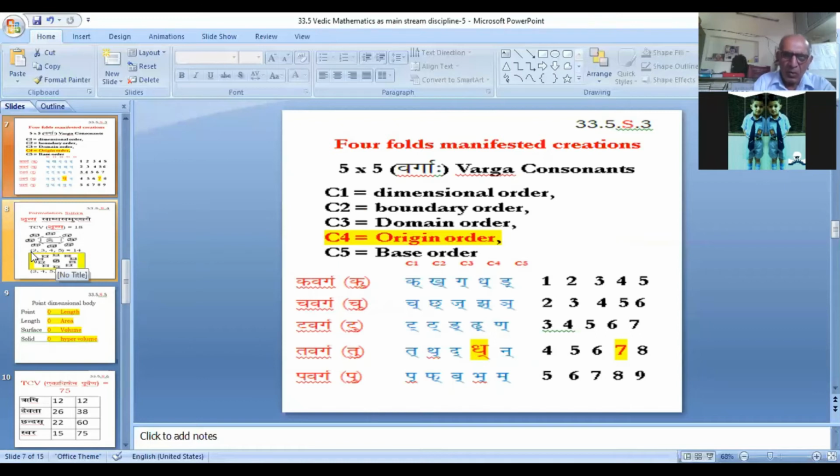How the fourth letter in the fourth column as such is of an origin fold.